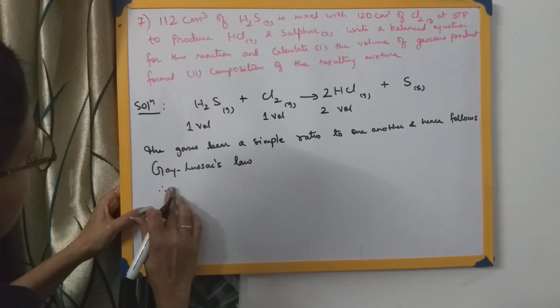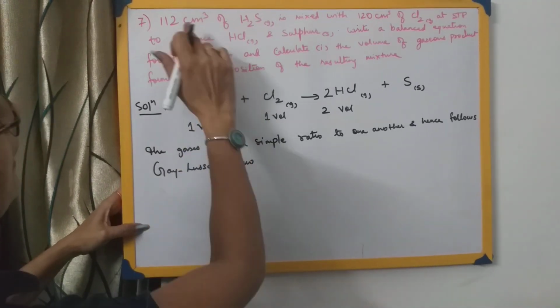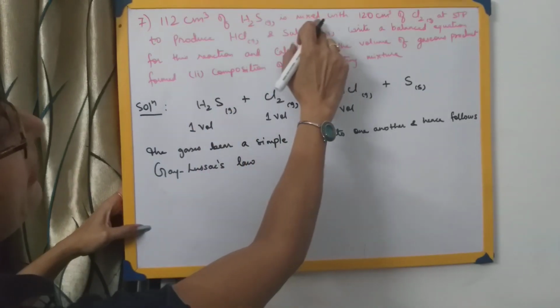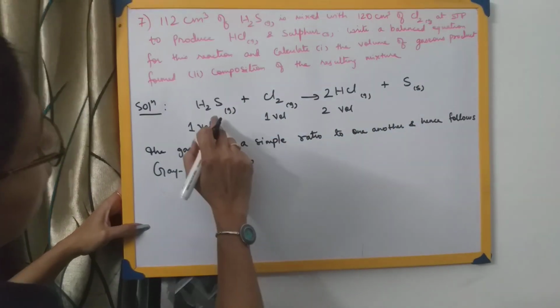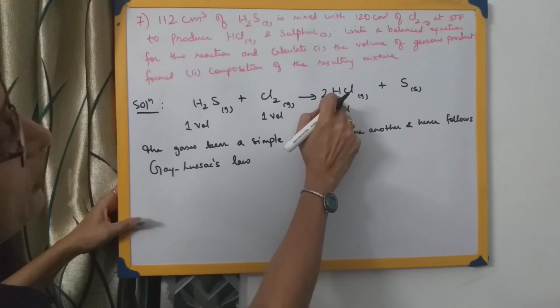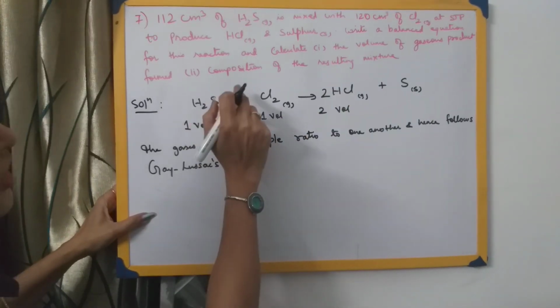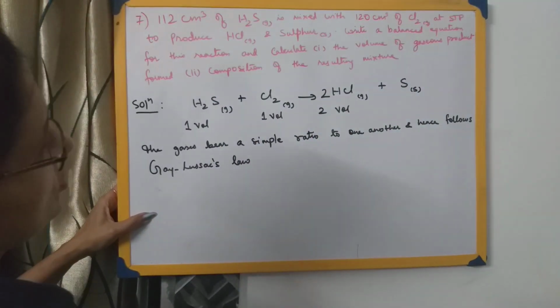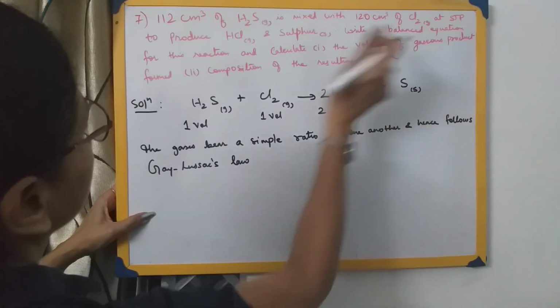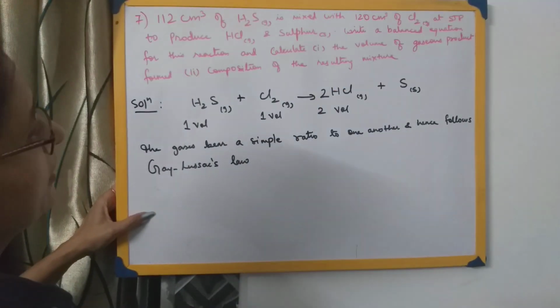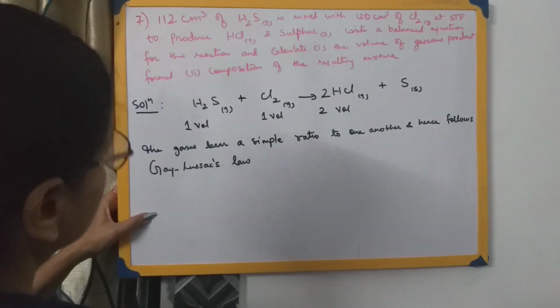Next step is what? 112 cubic centimeter of HCl is mixed with this. So first of all, we have to find out volume of the gas. We have finished with this part, that is writing down a balanced equation. Next is volume of gaseous product formed. So we'll be finding out hydrogen chloride that has been formed.